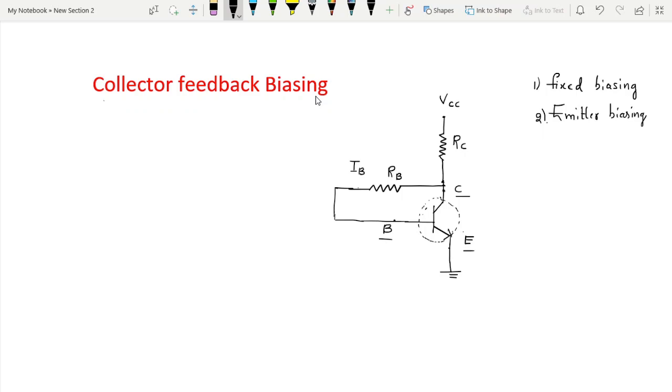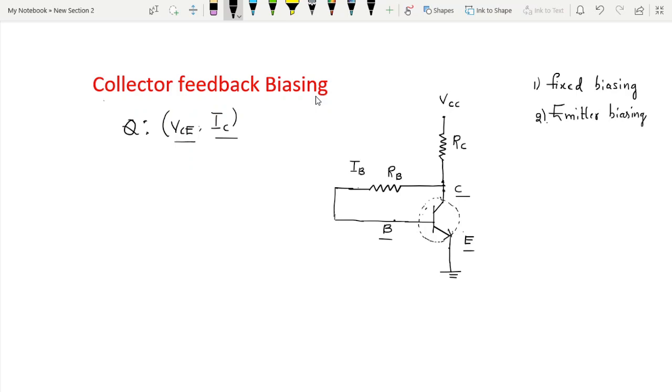Now our intention is to find the Q point. What is the Q point? It is nothing but VCE and IC, the collector output voltage and the collector current.